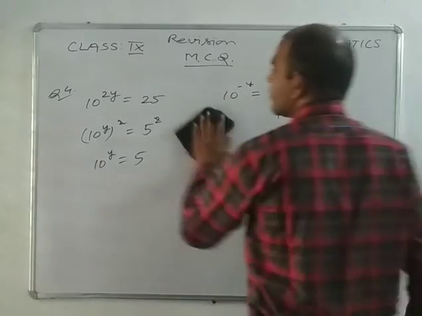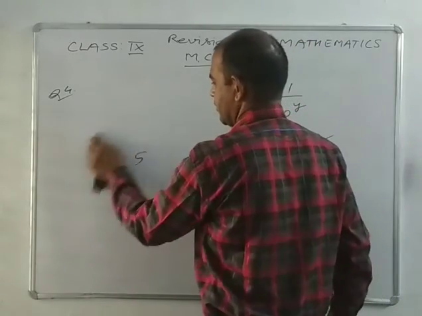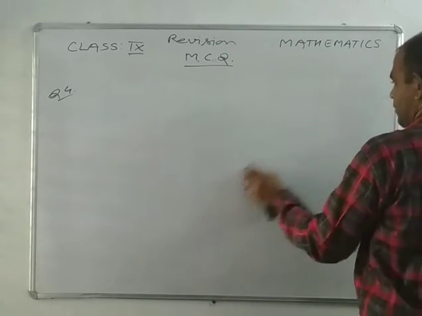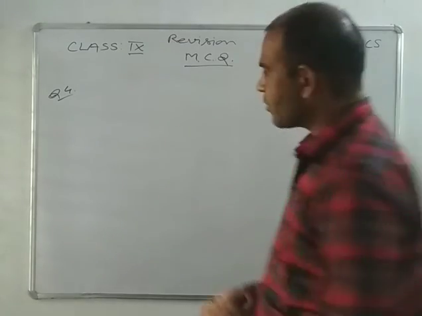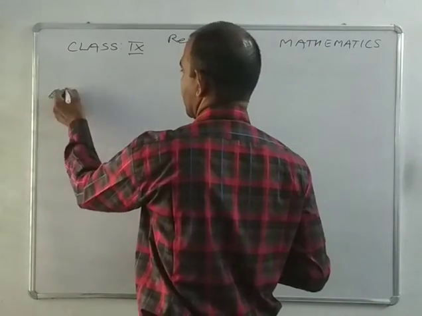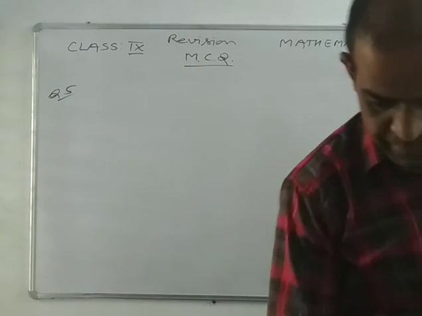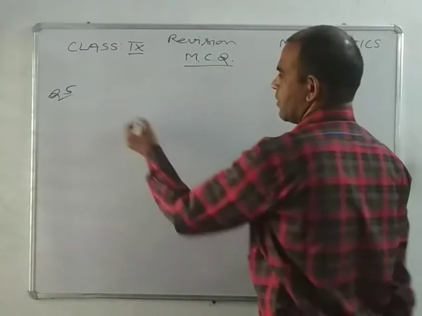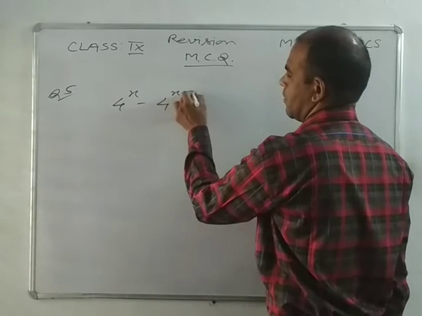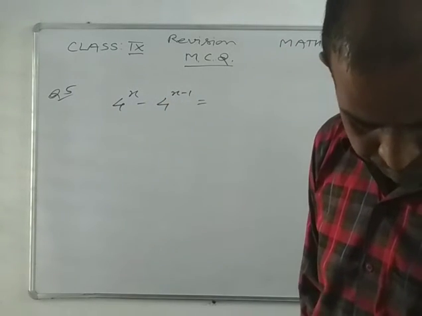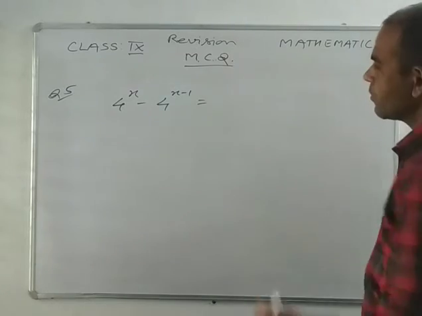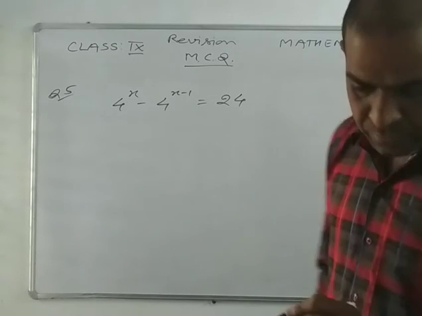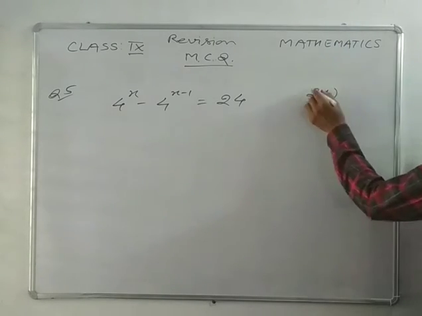Next question is, question number 5. If 4 to the power x minus 4 to the power x minus 1 equal to 24, it is given, and find the value of 2x to the power x.